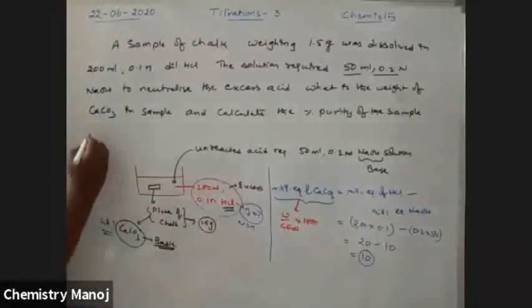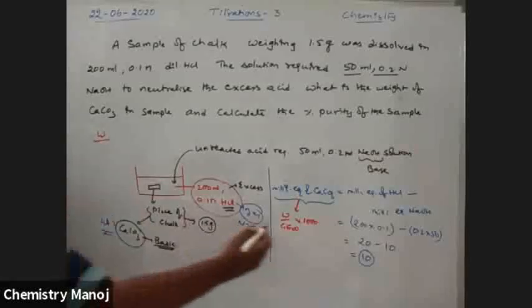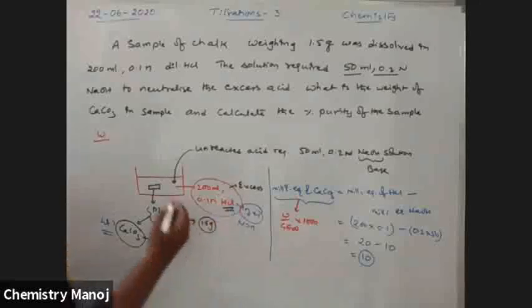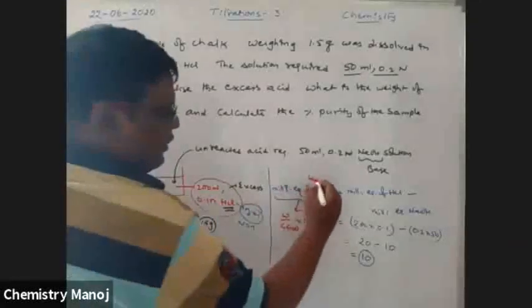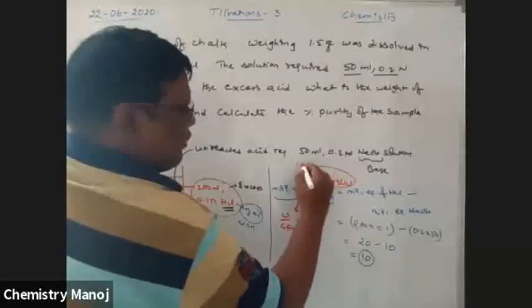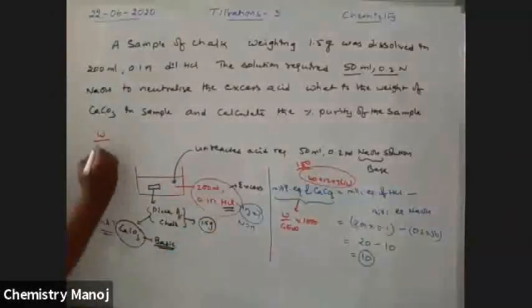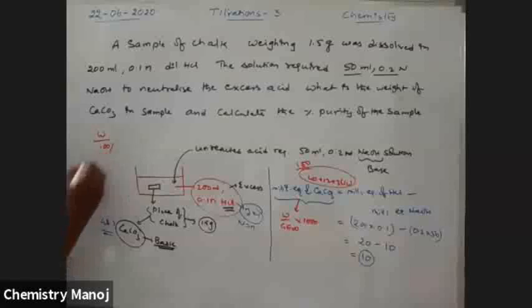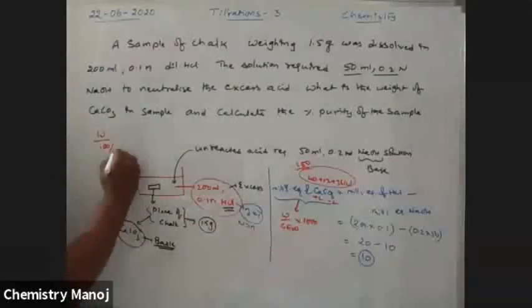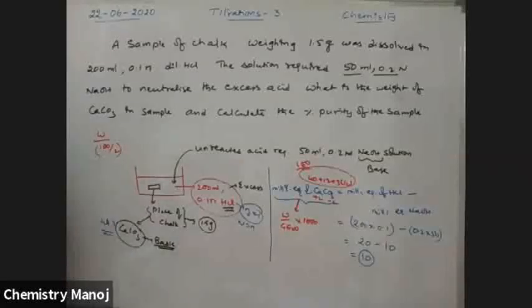Therefore, weight by gram equivalent weight of CaCO3. Its molecular weight is 100: calcium 40, carbon 12, 3 into 16, overall equal to 100. Its charge magnitude is 2, so the equivalent weight is 100 by 2.